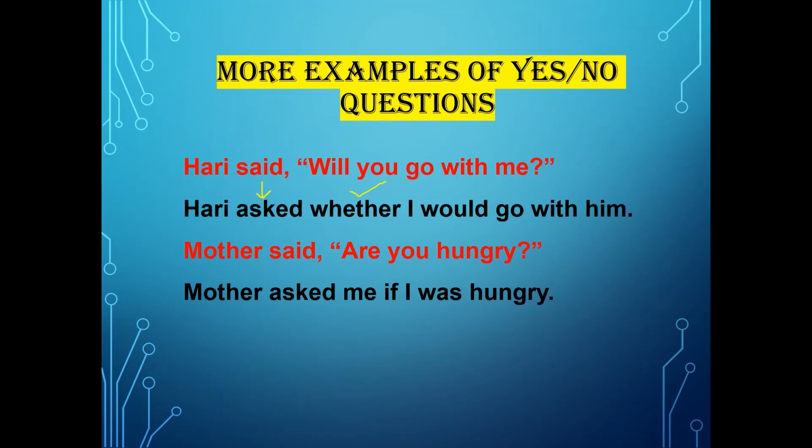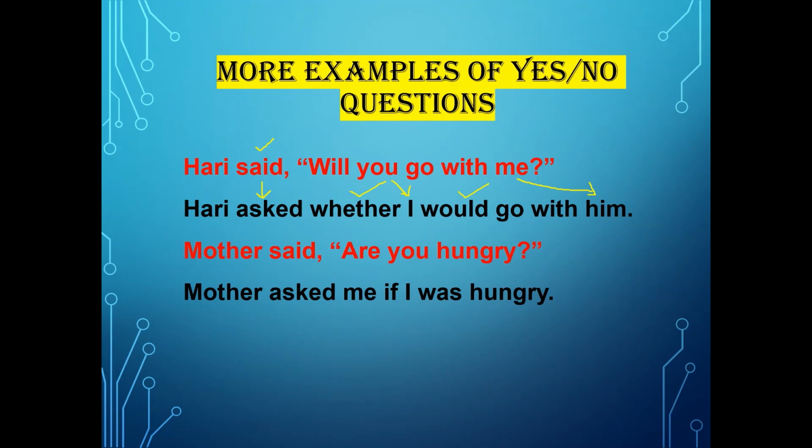Then the pronoun you changes into I, then will changes into would because the reporting verb is in past tense. Then the pronoun me changes into him. So the answer will be Hari asked whether I would go with him.